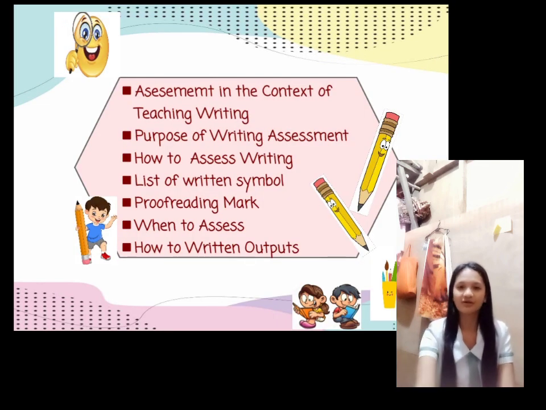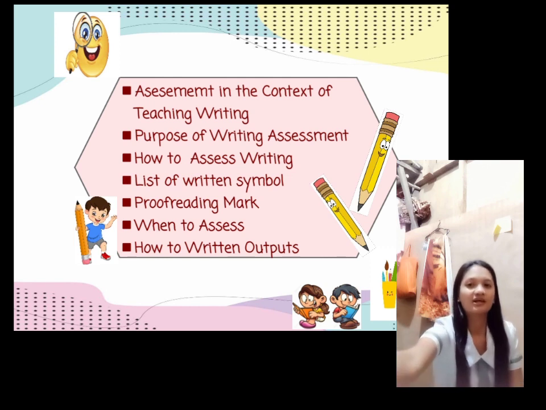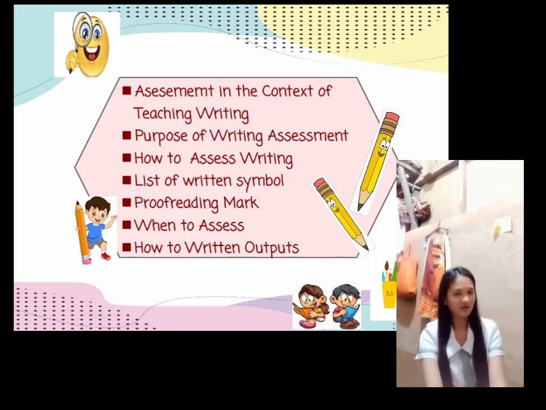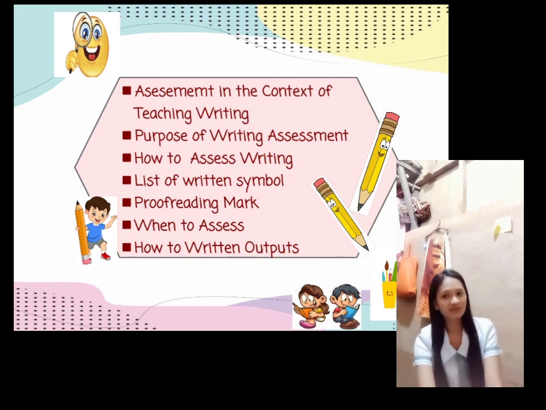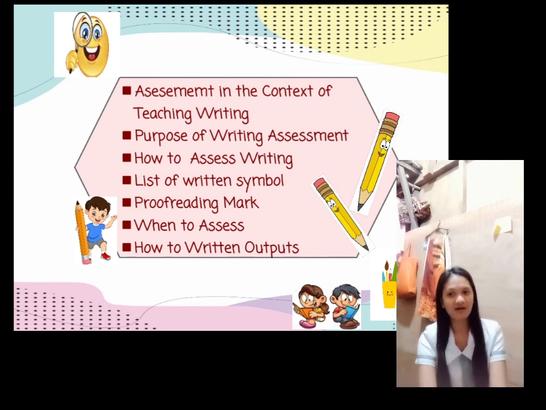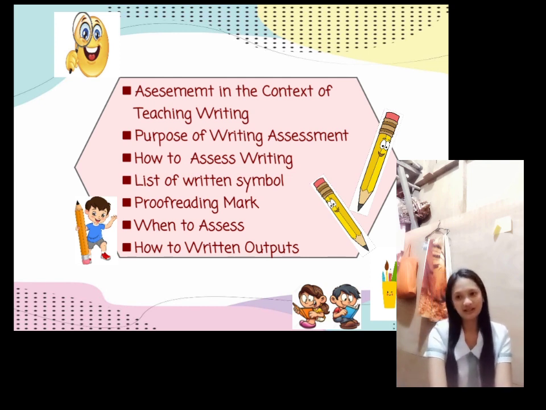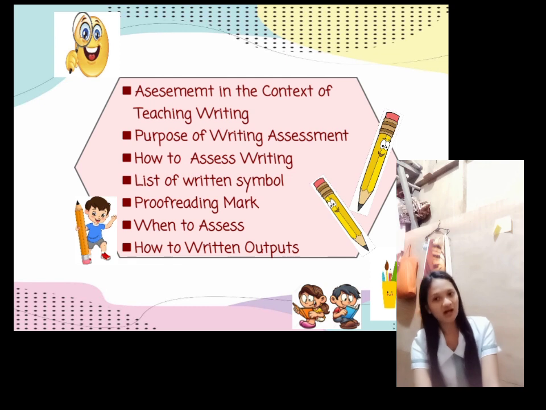Today, as learners, we are going to focus on the outcomes. The topics are: assessment in the context of teaching writing, purpose of writing assessment, how to assess writing, focus on a specific aspect, agree on the list of written symbols, peer corrections and feedbacking, when to assess writing, and how to grade written outputs.